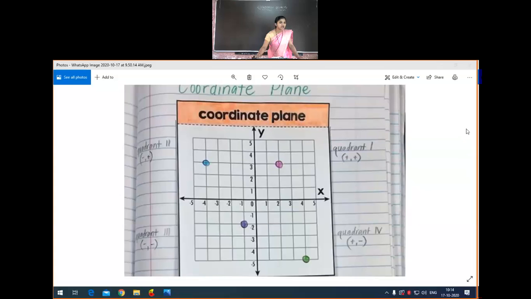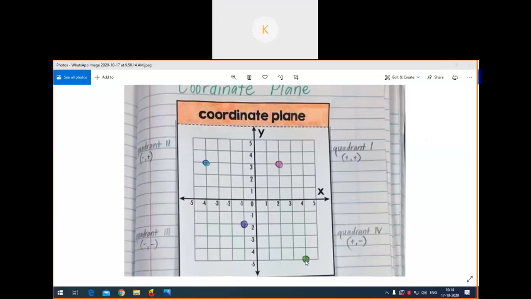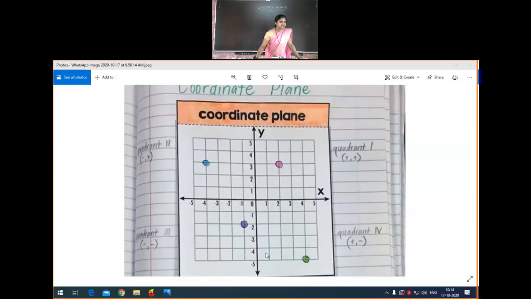Next question for Kavya. This one, the green dot. Coordinates? 4 and minus 5. Yes, very good. On the x-axis it is 4 and on the y-axis minus 5. So 4 and minus 5 meet at this point. This is the coordinates of this green dot.